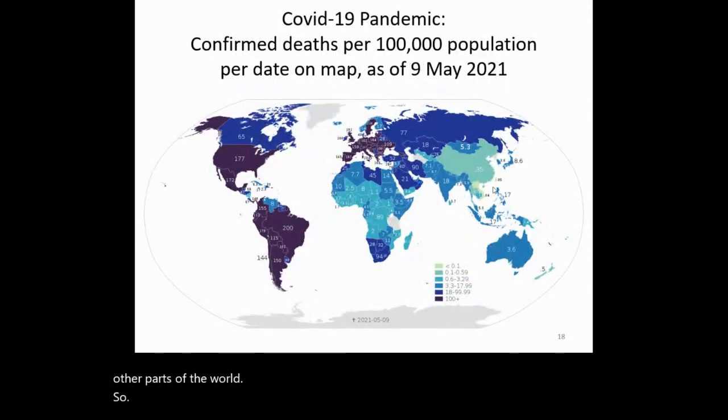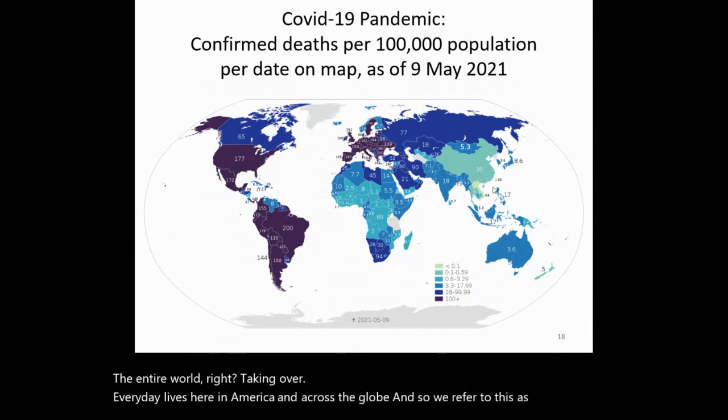So now let's talk about COVID. COVID has been hitting the entire world, right? It's taken over our everyday lives here in America and across the globe. And so we refer to this as a pandemic.